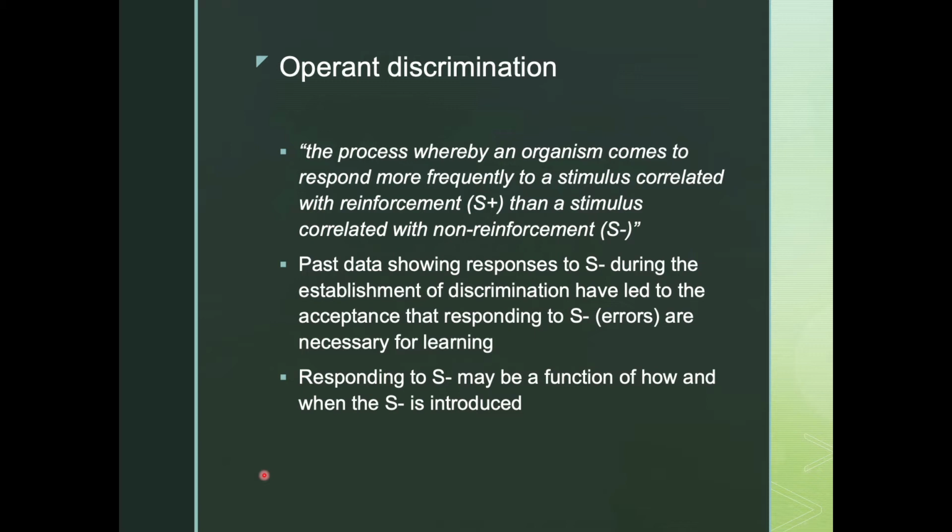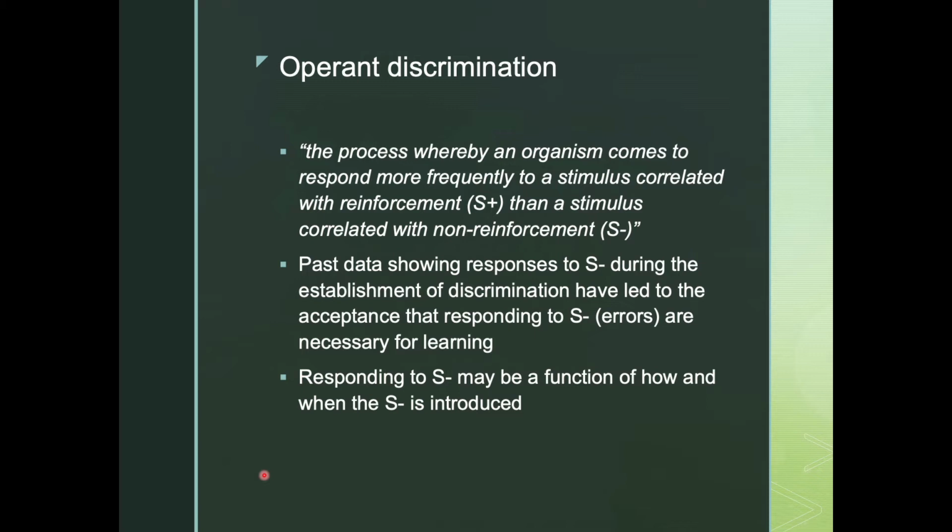Those red and green lights or stimuli are associated with reinforcement versus extinction. The notation that's used is S plus for the stimulus correlated with reinforcement, S minus for the stimulus correlated with non-reinforcement or extinction.